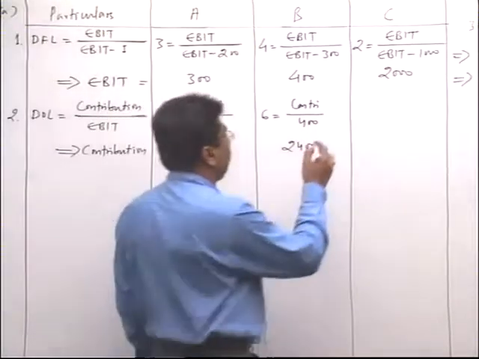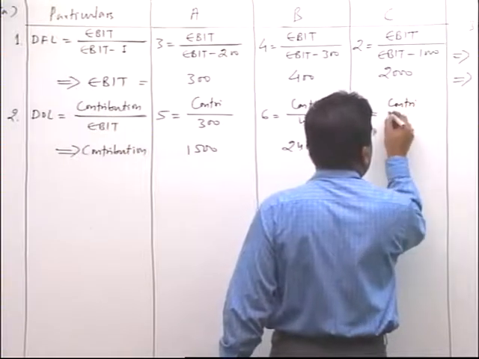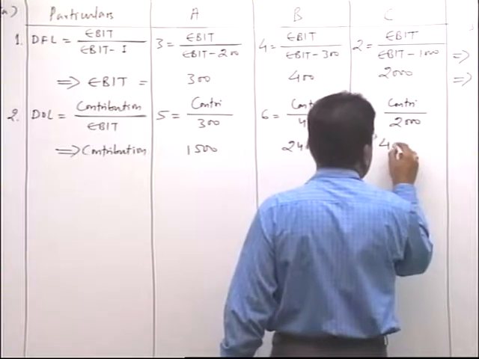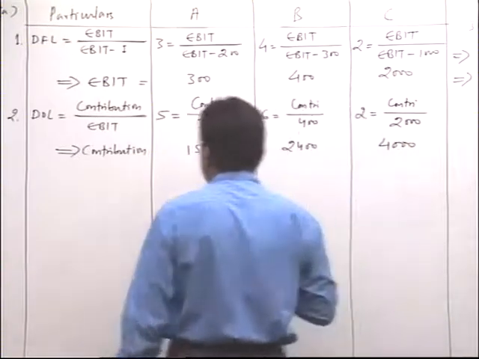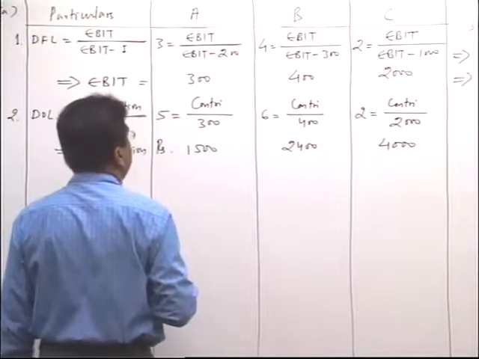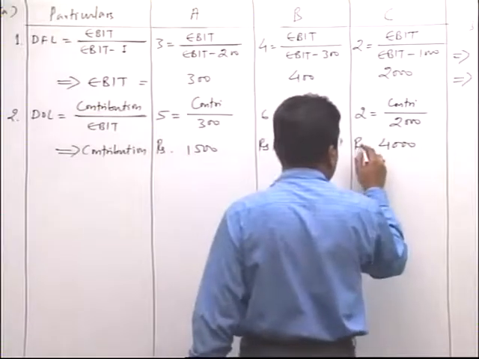So, 2 is equal to contribution upon 2000. That implies contribution is equal to 4000. Now, these answers are in rupees. So, contribution in case of the companies is rupees 1500, rupees 2400 and rupees 4000.